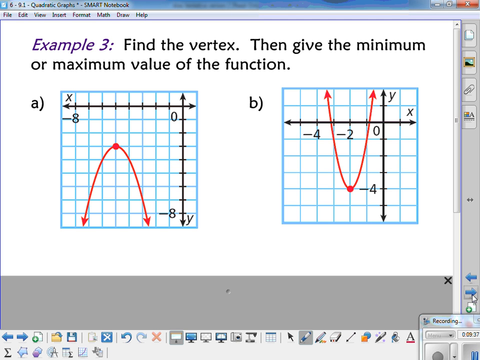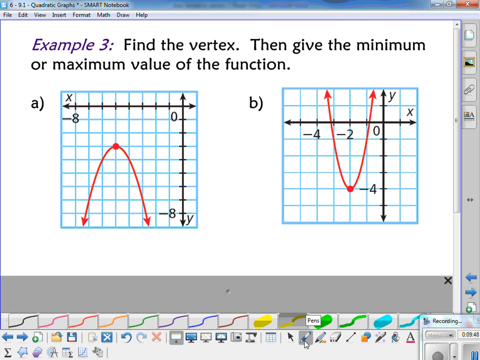Alrighty. So now we're going to find the vertex, and then we're going to give the minimum or maximum value of the function. So if I look at A, you guys have it in front of you on your notes, right? Do I have a volunteer to tell me what the vertex is?